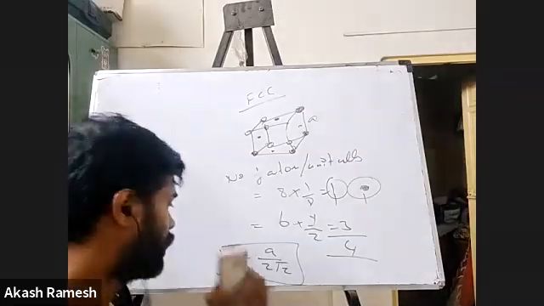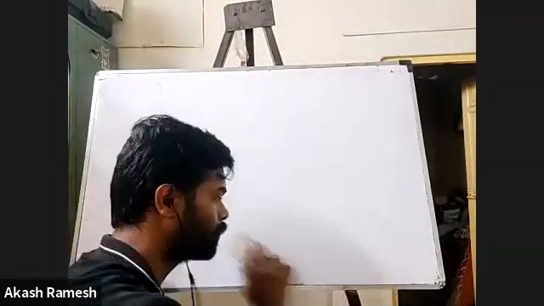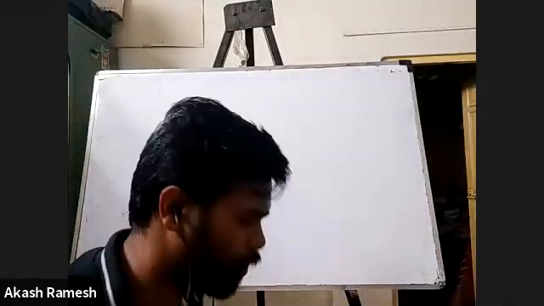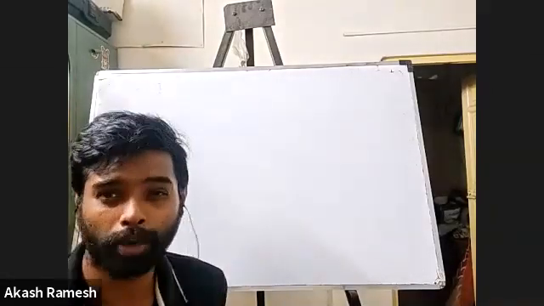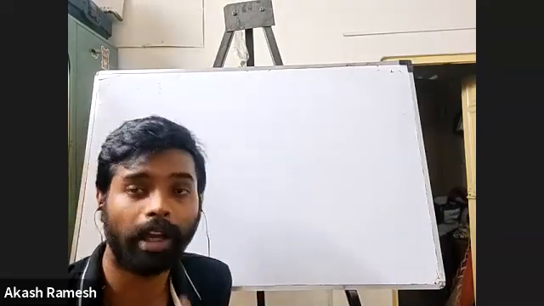So for that, it's a very simple explanation I'll give you. We're not going to get into the logic of how this comes, because it'll take a lot of time for me to explain mathematically.